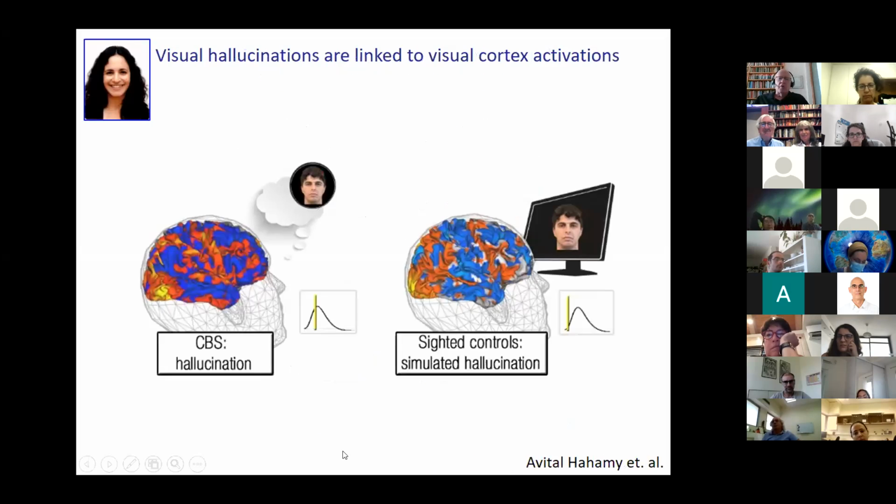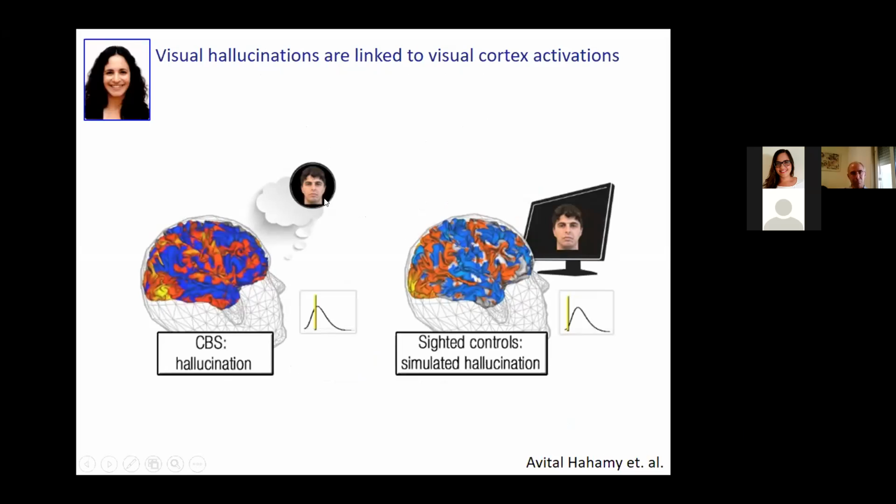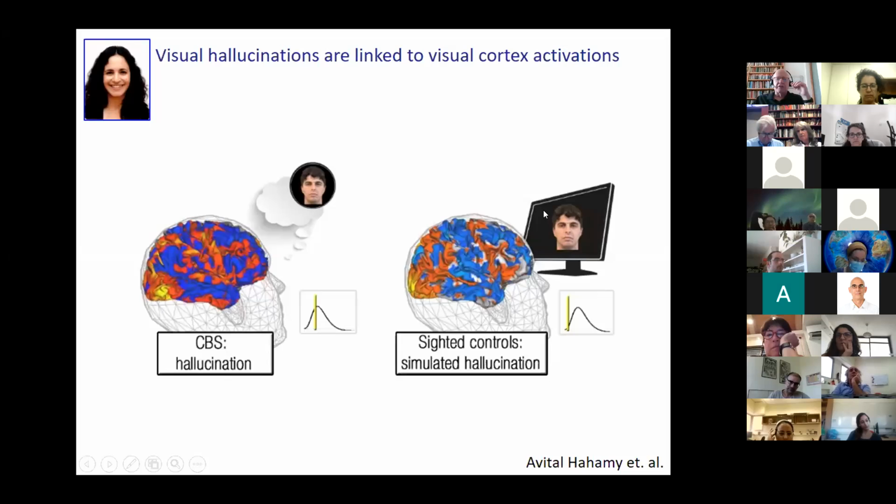And what Avital did was to interrogate these patients very carefully about their visual hallucinations. And she generated, based on this interrogation, a movie that simulated as best as possible the dynamics of the hallucinations. Of course, it's not possible to exactly simulate the hallucination. And then she ran the Bonnet patients while they were experiencing the hallucination in an fMRI scanner.